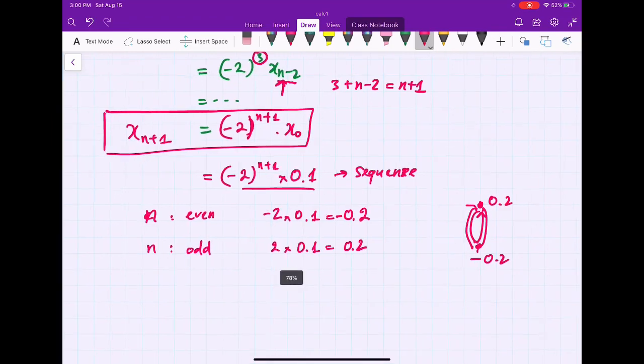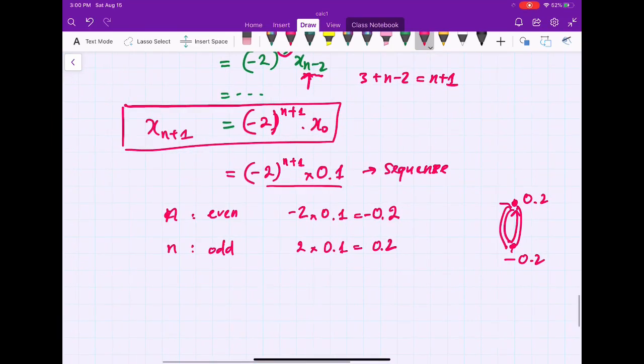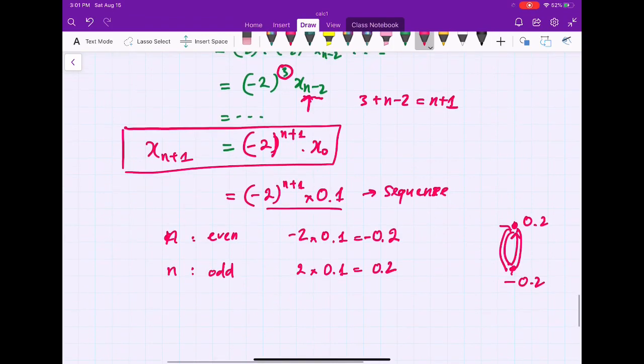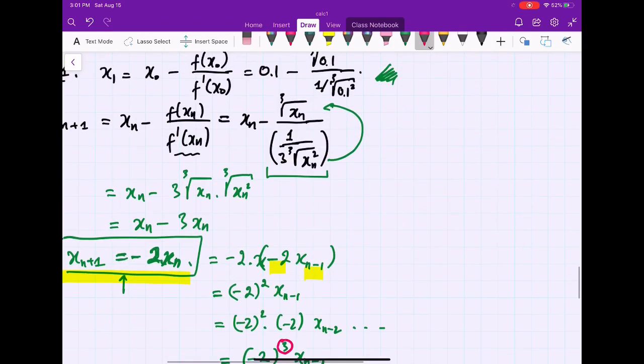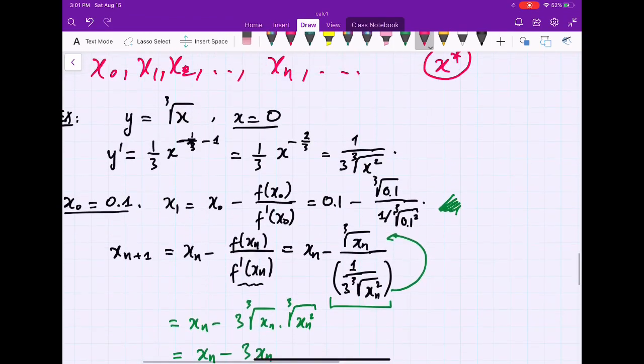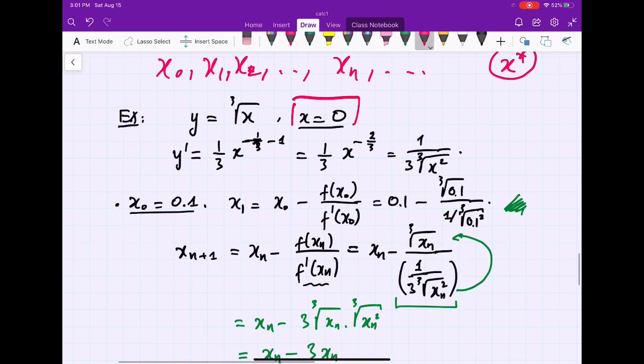So in this situation, you cannot apply Newton's method, because your function is not really good. Your function is not differentiable at this point. Does that make sense? So I think that I finished my video here. That is just a very brief introduction to Newton's method.